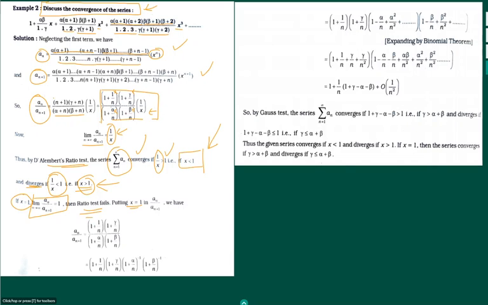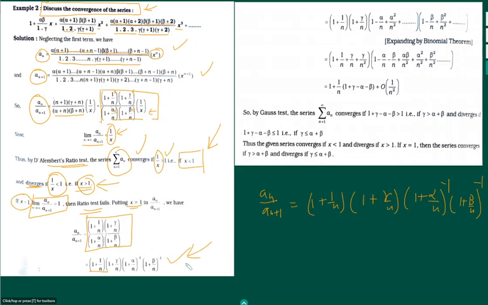Now an over an plus 1, if x is equal to 1, would be simply 1 plus 1 over n, 1 plus gamma over n, over 1 plus alpha over n, 1 plus beta over n. This can be written as 1 plus 1 over n into 1 plus gamma over n into 1 plus alpha over n raised to the power minus 1 and into 1 plus beta over n raised to the power minus 1.